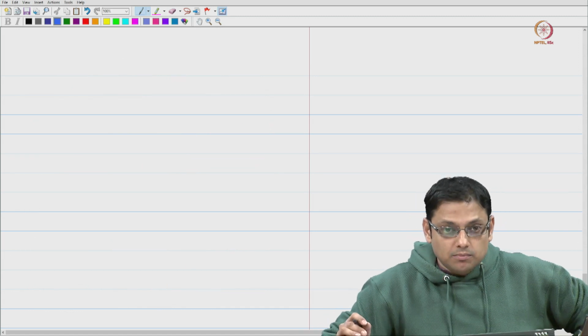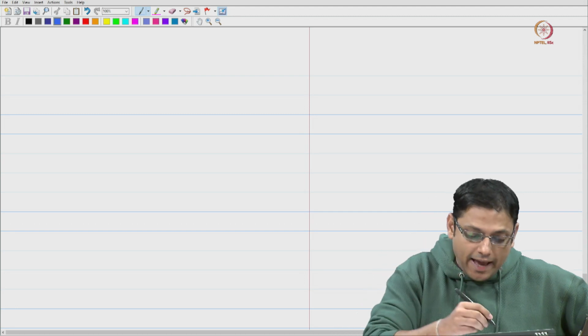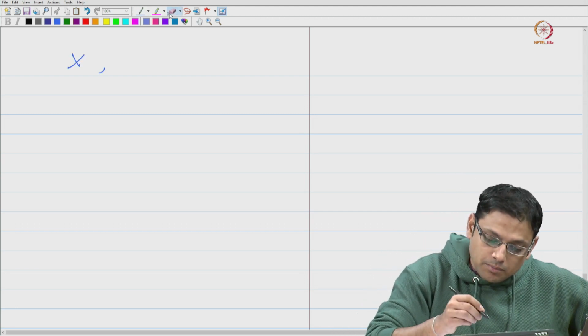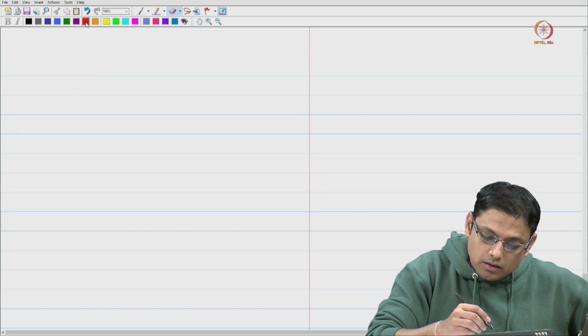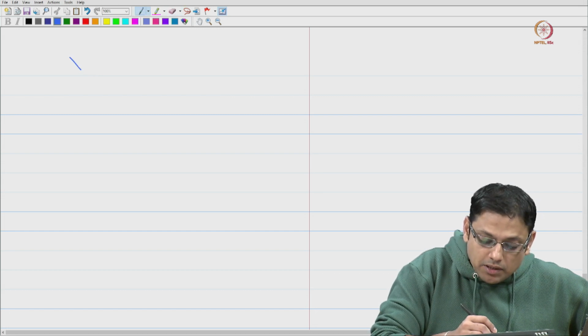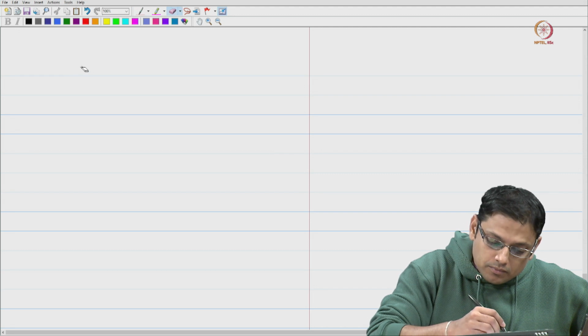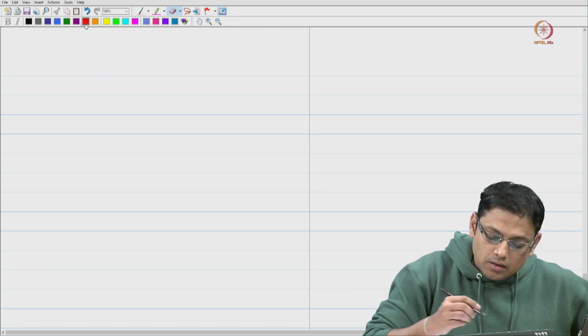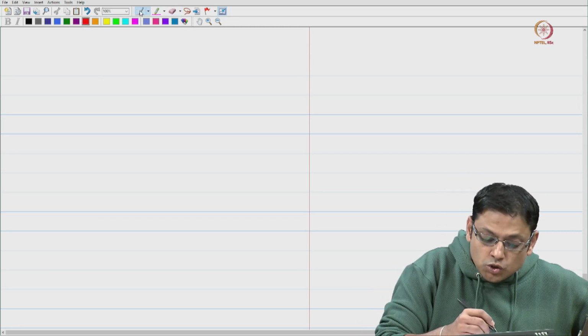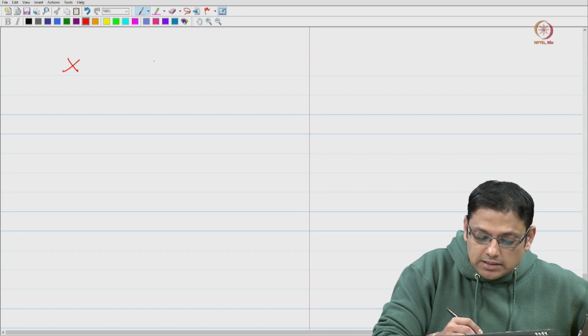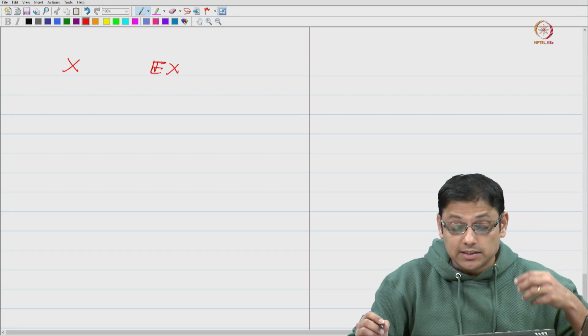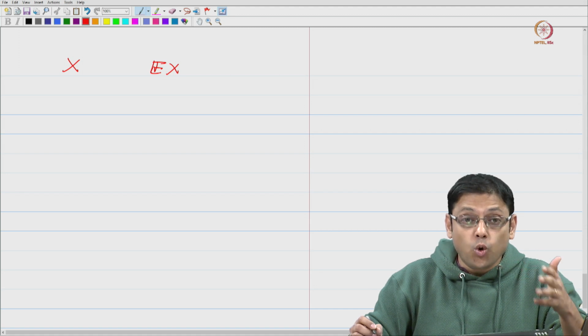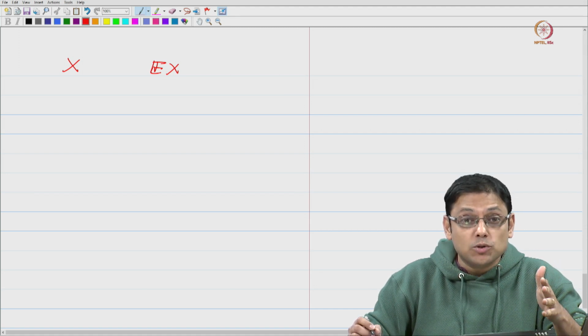So, let us go back to that problem. Recall our problem: we have our random variable x and our goal is to find the expected value of x, and we are considering the scenario where we do not know or have access to the distribution of x.